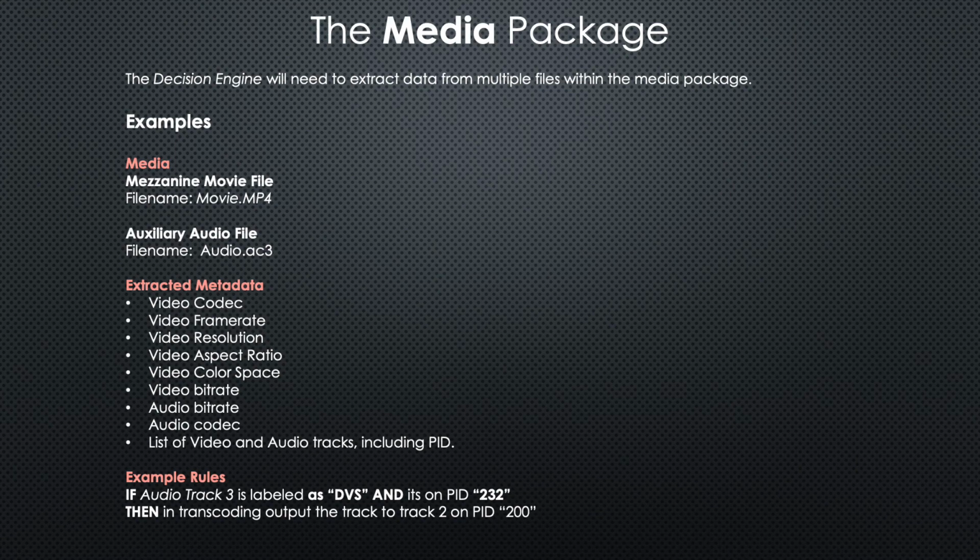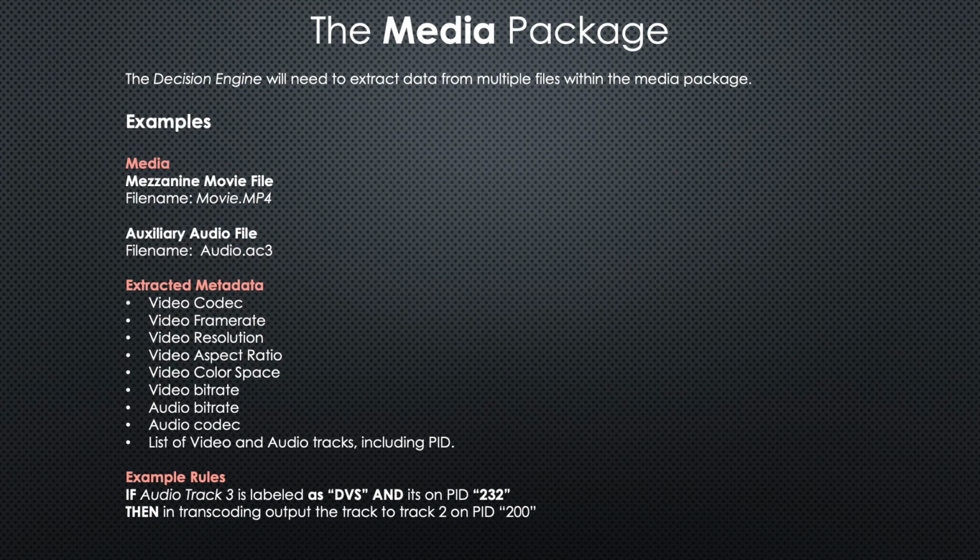So now, the mapping service will also have tools to be able to analyze any video assets and to extract metadata from it. As an example, we're going to get video codec, video frame rate, resolution, aspect ratio, color space, bit rate, audio codec, and a list of video and audio tracks, including what PID they live on.